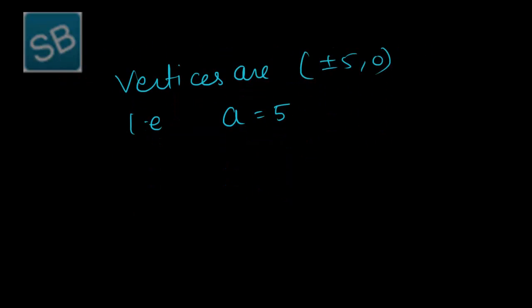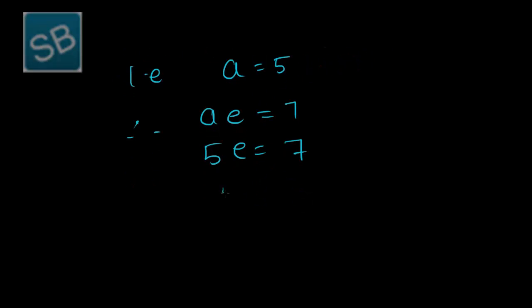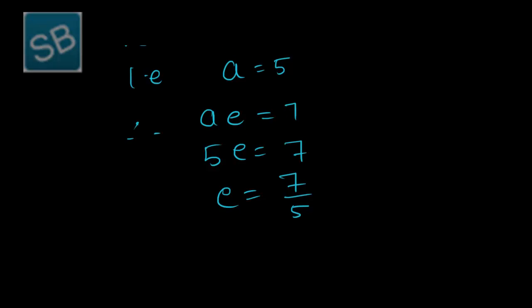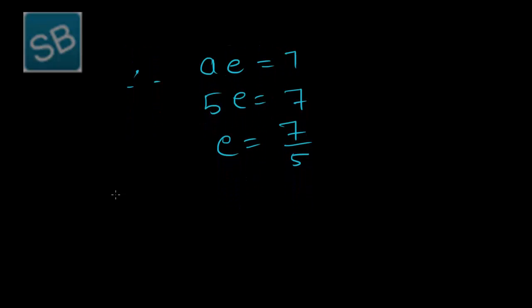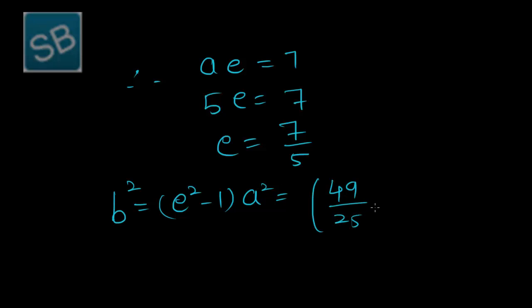Therefore, from AE equal to 7, we get 5e is equal to 7. That gives e is equal to 7 by 5. Now we have a, e, then we get the value of b. So b square is equal to e square minus 1 into a square. So e square means 49 over 25 minus 1 into a square, that is 25.